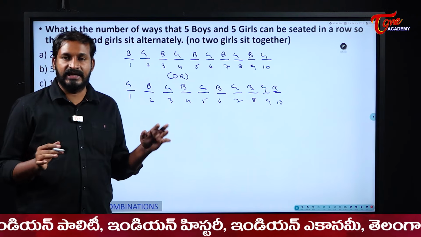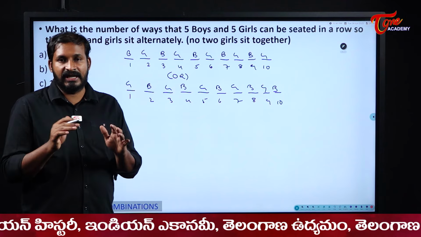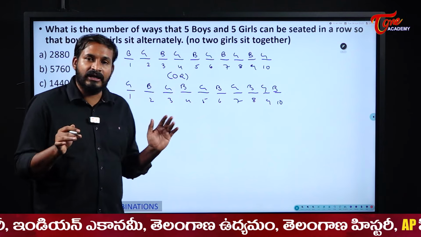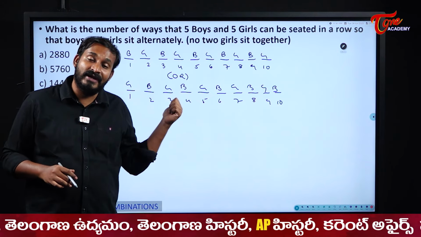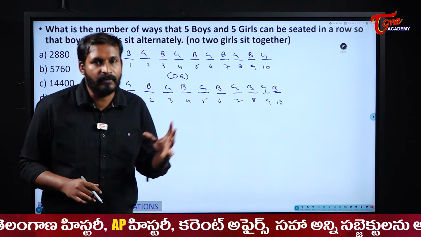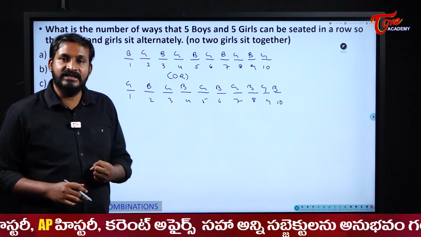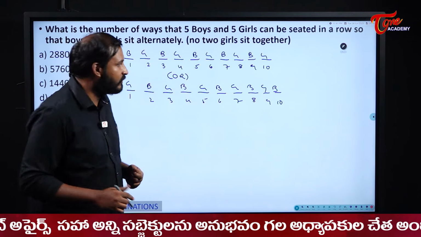Because they didn't mention specially that girls should sit at odd positions and boys at even positions. They simply said that they should sit alternately. So here both the cases are possible. But in our previous case, why was it not possible? There the condition was not working. But here the condition is working.